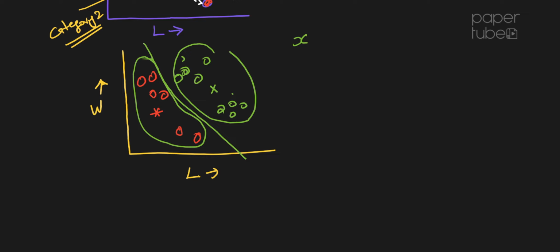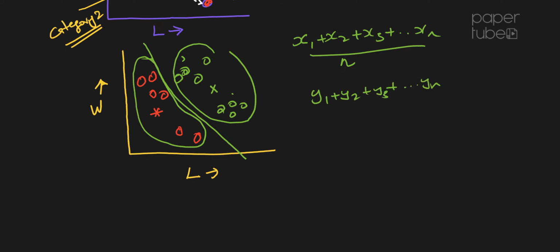So it's just x1 plus x2 plus x3 plus xn divided by n, and then y1 plus y2 plus y3 plus yn divided by n. So that gives x comma y of category 1, and then you repeat the same procedure for category 2.